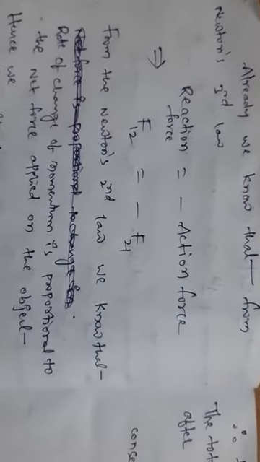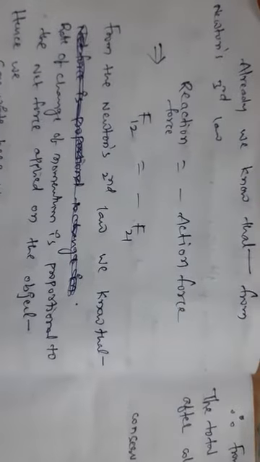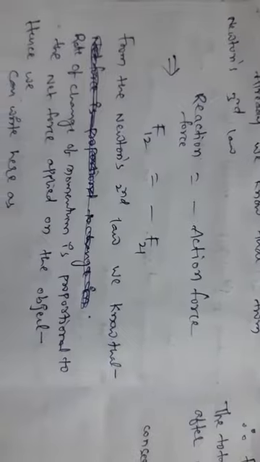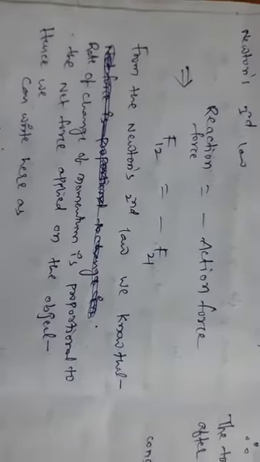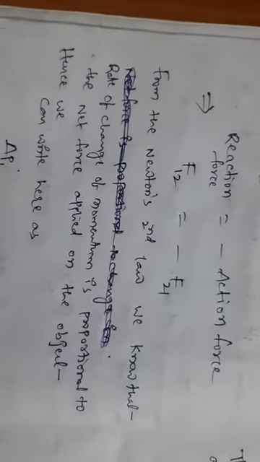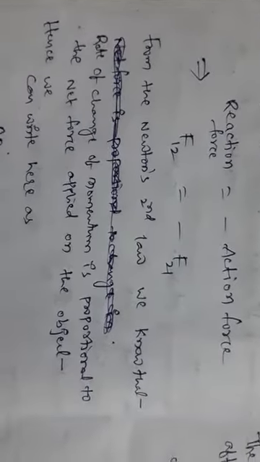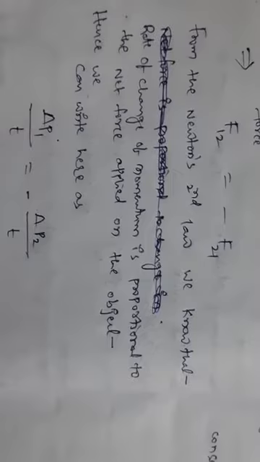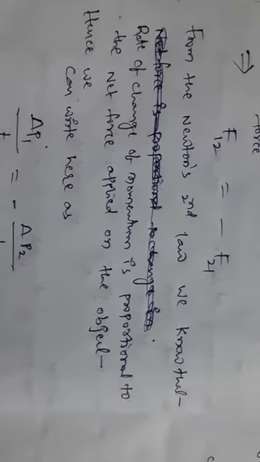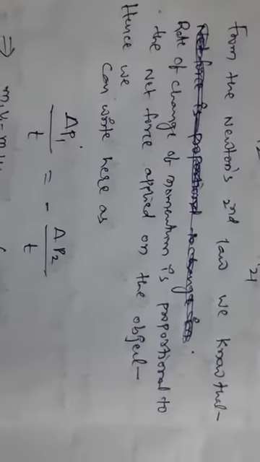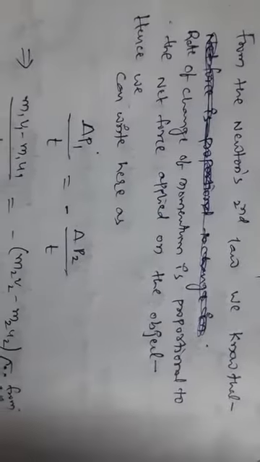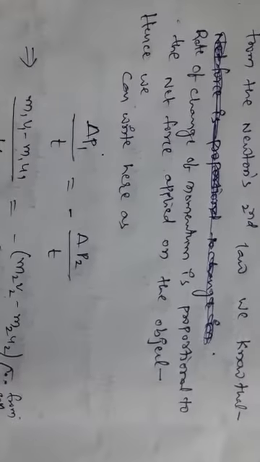F12 is equal to minus F21. In the same way, we learnt about Newton's second law in the previous classes. From Newton's second law, we know that the rate of change of momentum is proportional to the net force applied on the object.